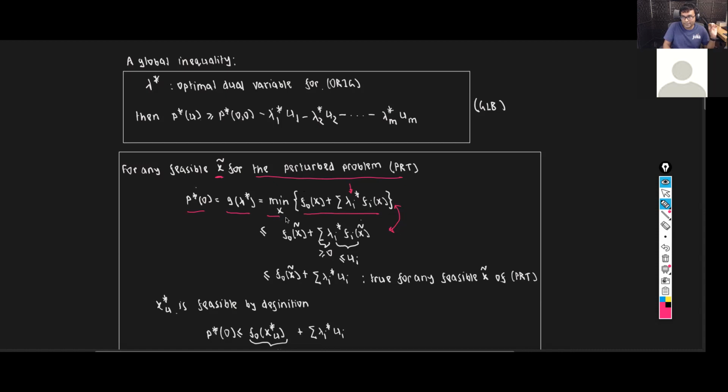So no matter what other x I pick, I can only get something that is greater than or equal to this value. Because x tilde is any such point, I could take this objective function, set x tilde, and what I get will be greater than or equal to what I am minimizing here. From this line to this line, is the logic clear?